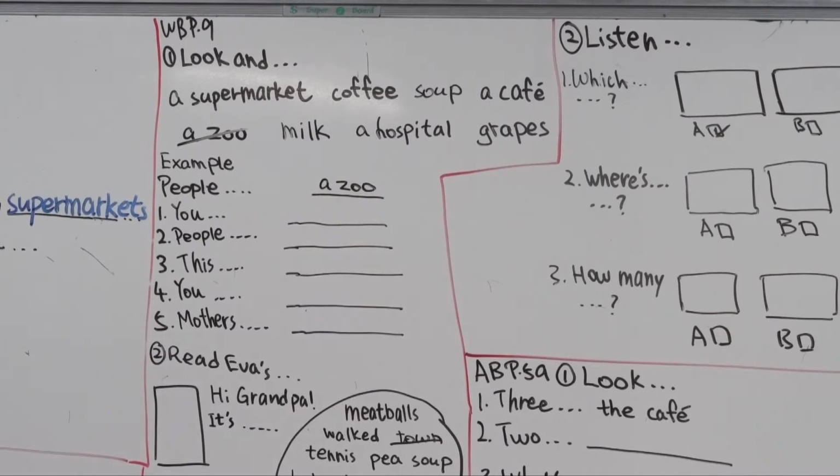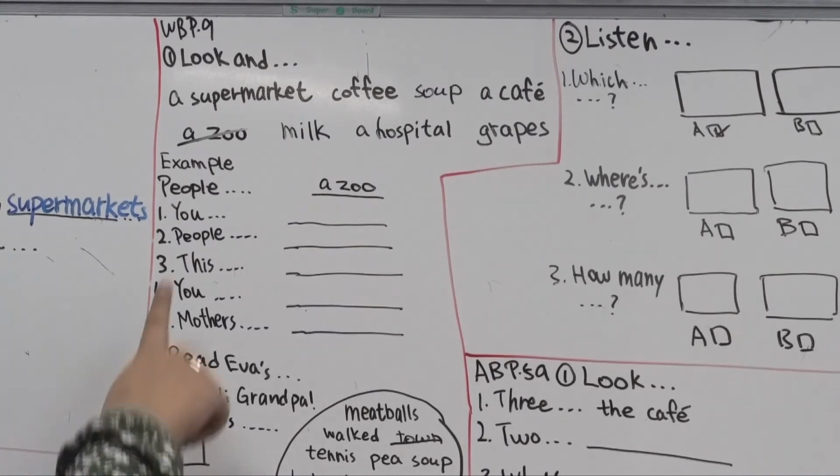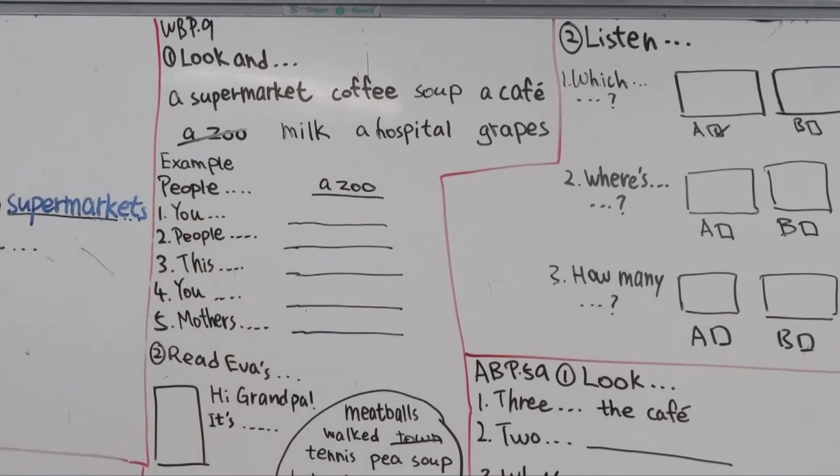Now let's have a look at number 1. Let's read number 1. You can make this from vegetables. Then put it in a bowl. So what is the thing?